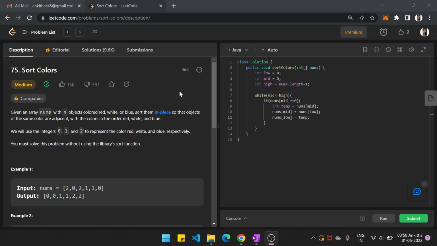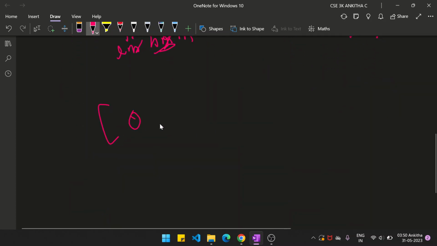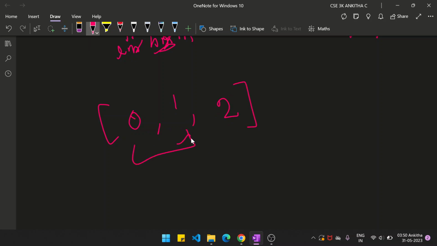So I hope you guys have understood this. Now if I need to exchange like this, 0, 1, 2, let's say we need to exchange this. This is the mid value and this is the low value. So for exchanging this, what we did is we stored this mid in the temp. We create a temp, in that we stored 1.